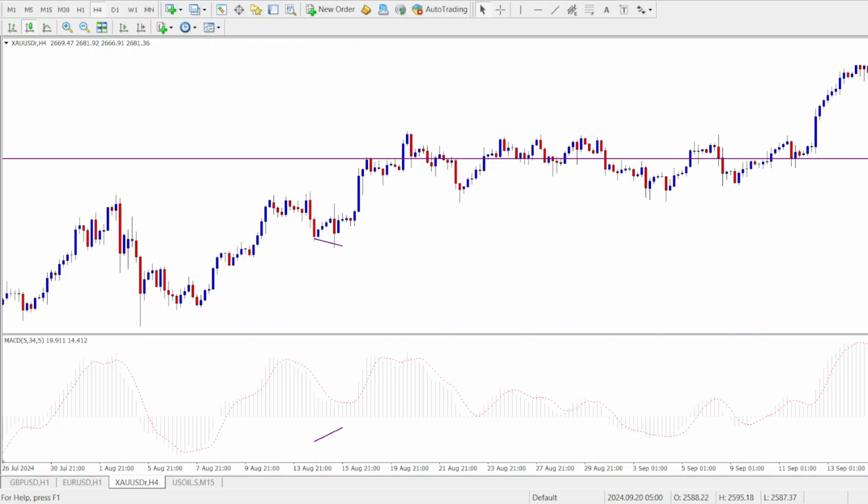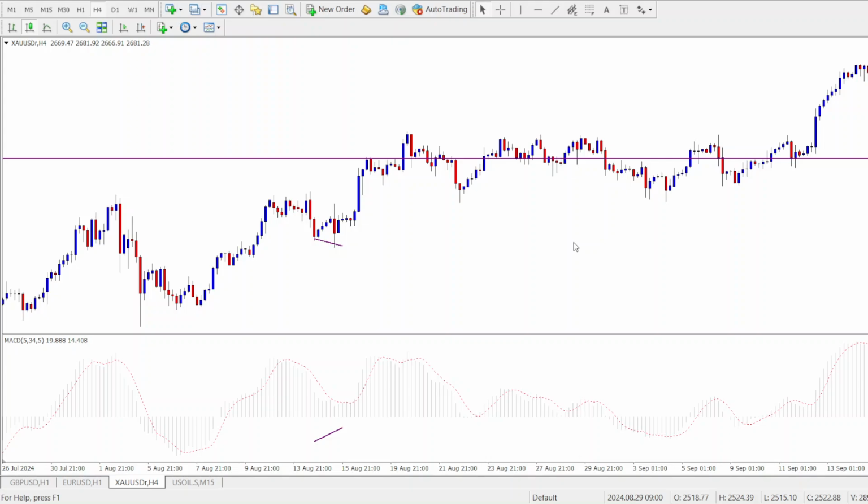Okay, so for example, if you have an uptrend and price is making higher highs, but the MACD is making lower highs, you might be looking at a potential bearish reversal. That's called a bearish regular divergence.